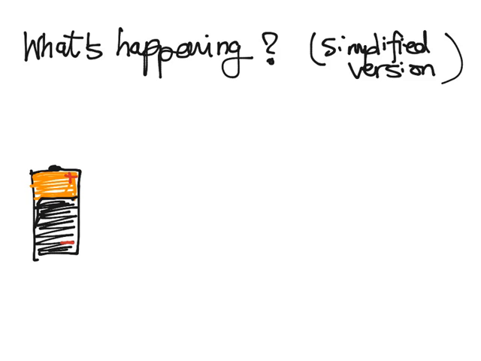Alright, so first we're going to talk about what's happening at the microscopic level. And we're going to start out with the battery. Now you can think about the battery as having two parts, and you've seen them labeled. We have a part that is a negative end and a part that's a positive end.